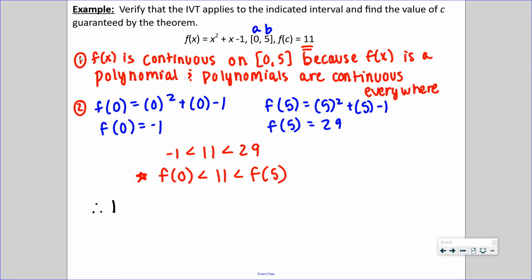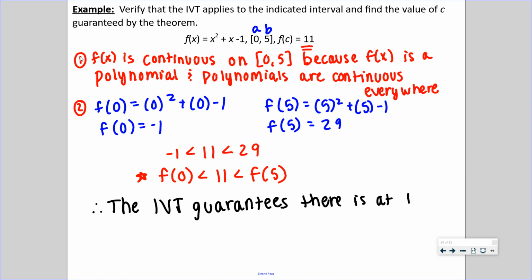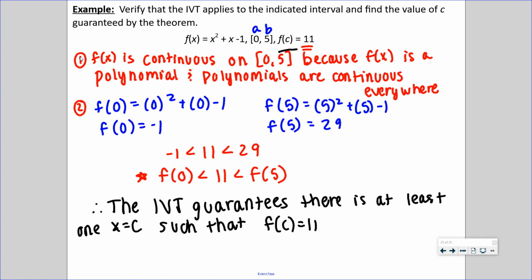So therefore, the intermediate value theorem guarantees, and I'm pretty structured, I use the same language every time, there is at least one x equals c such that f of c would give us 11, and that's what we were trying to show.